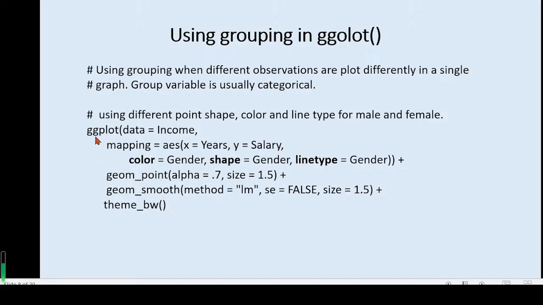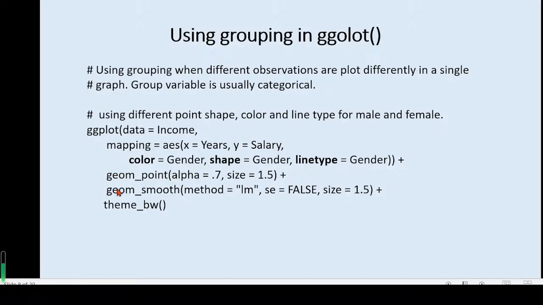So inside the ggplot2 main function, we add the mapping in aes, and inside also add color with gender, shape also gender, line type gender, so the graphs will be plotted differently for different gender.